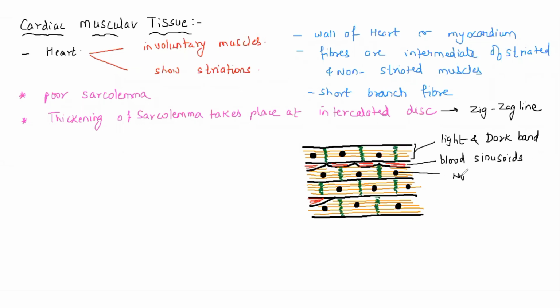This is the nucleus. So there is a nucleus present in the cell. These orange color ones are myofibrils, responsible for contraction and relaxation. And this green color one is the intercalated disc.